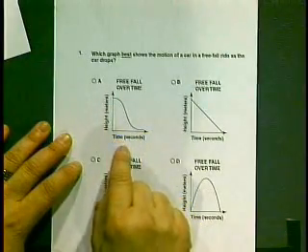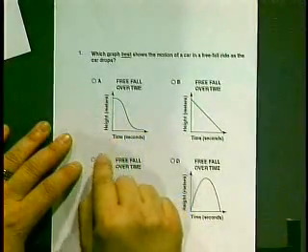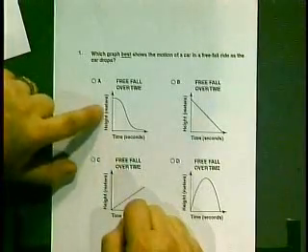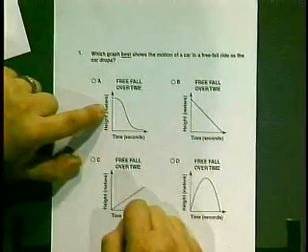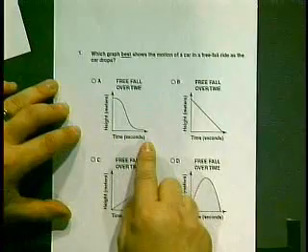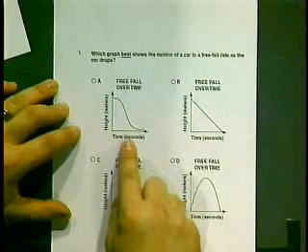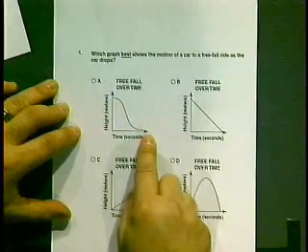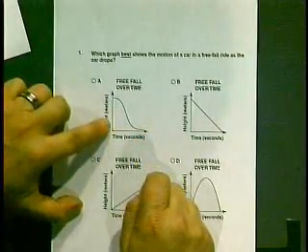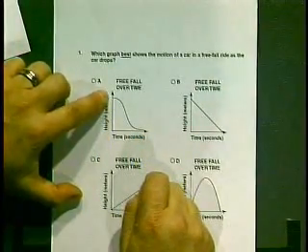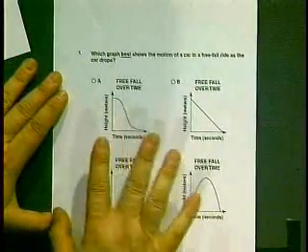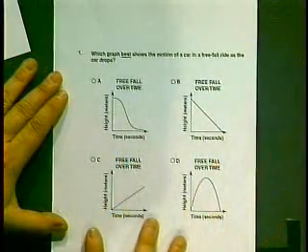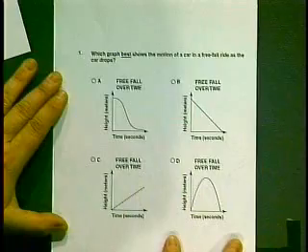Each one of those on a science graph should be labeled. In this case, this is height in meters going vertically, and going horizontally across is time in seconds. So as you go further out this way, the number of seconds gets larger, and as you go in this direction, the number of meters gets larger. So you have 4 different graphs to look at.